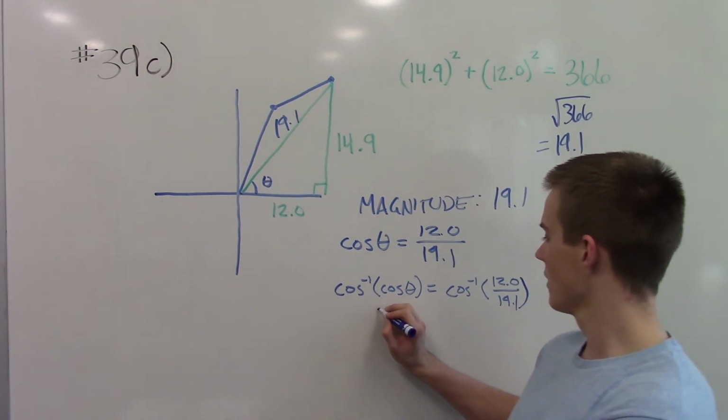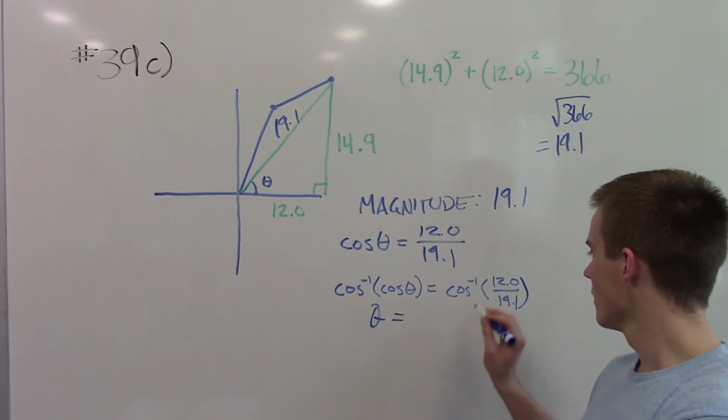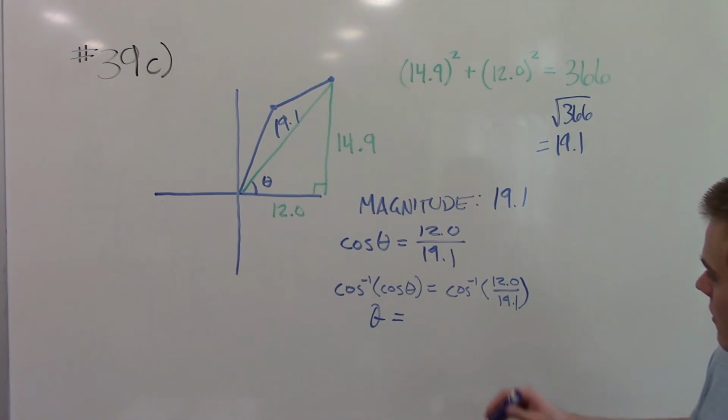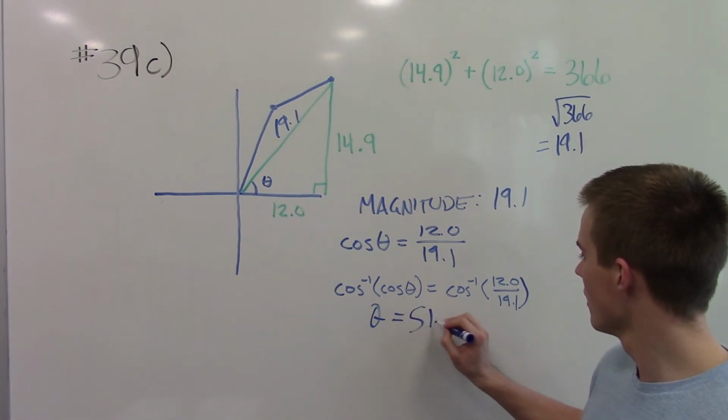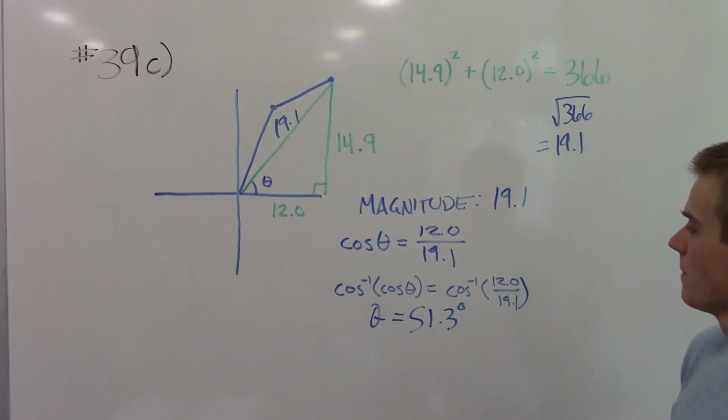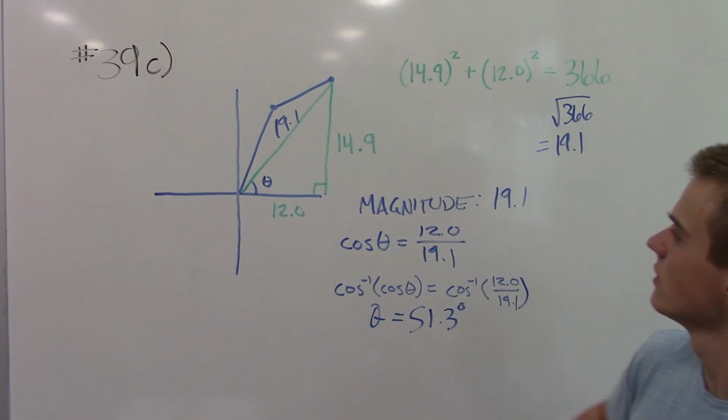And we get theta is equal to 51.3 degrees. And that is the direction for theta.